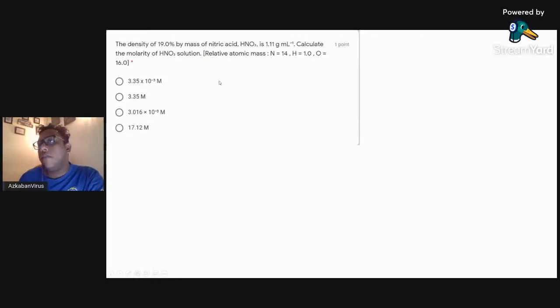This question, given the density, so far so good? The density is equal to 1.11 gram per milliliter and the percentage by mass is equal to 19.0%.